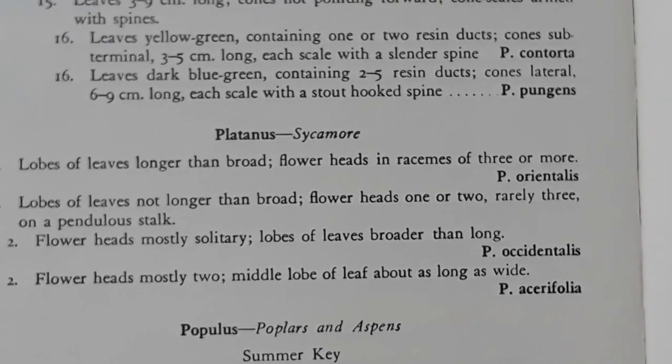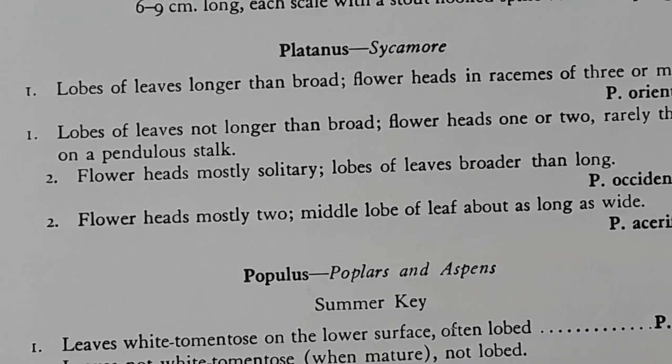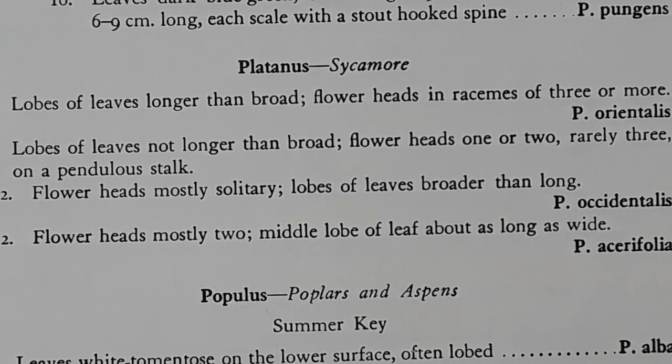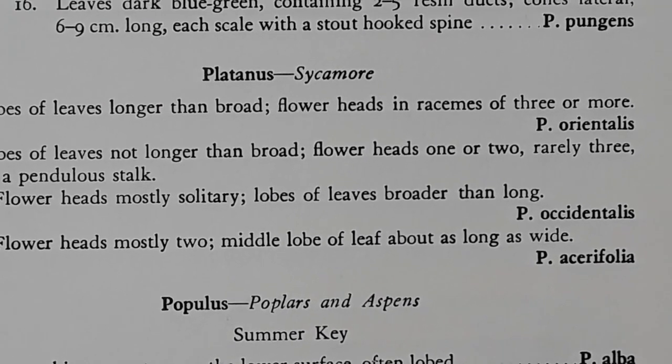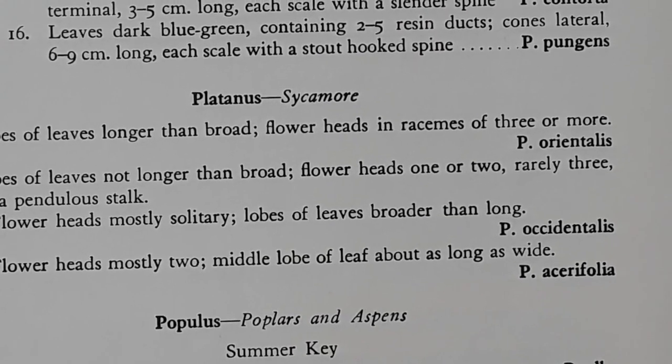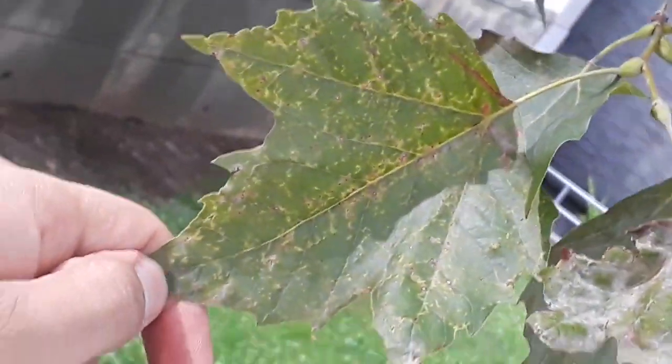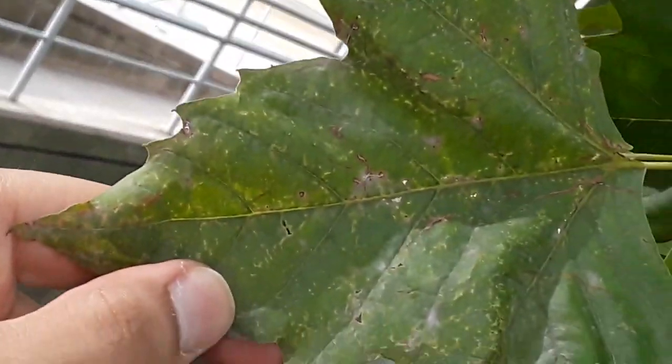Flower heads 1 or 2, rarely 3, on a pendulous stalk. So are flower heads mostly solitary, or mostly 2? Is the middle lobe of the leaf about as long as wide? Just about. This is a better example.